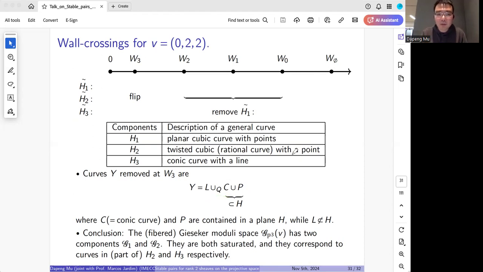A general curve in H2 has a point, but here the flip kills the curve with a point that is contained in a plane. So this is a special curve killed by the flip. The saturated pair does not correspond to such a curve, but it corresponds to a curve in H2 that doesn't look like Y or the other curves.